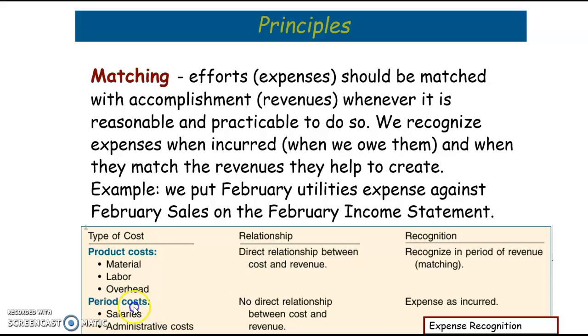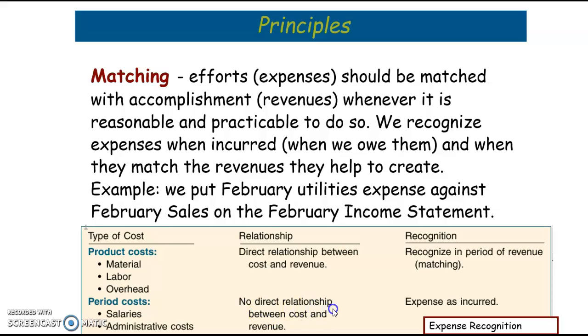Period cost means they just happened within that period. So salaries or other administrative costs, we paid those in February. And maybe some of those employees worked in January, or we're paying for salaries, some kind of prepayment of salaries, whatever. It doesn't matter. We're paying the salaries and stuff that happened in that particular period of the month of February.